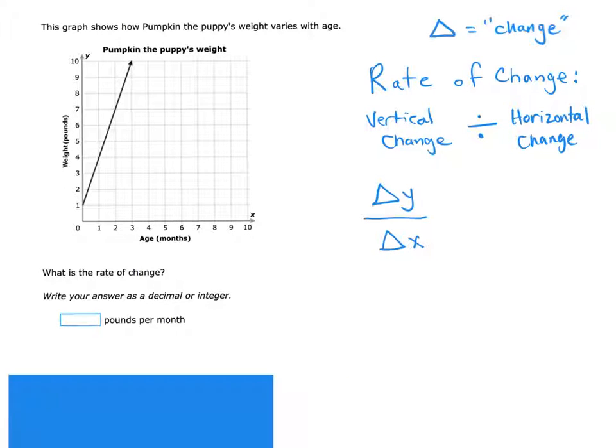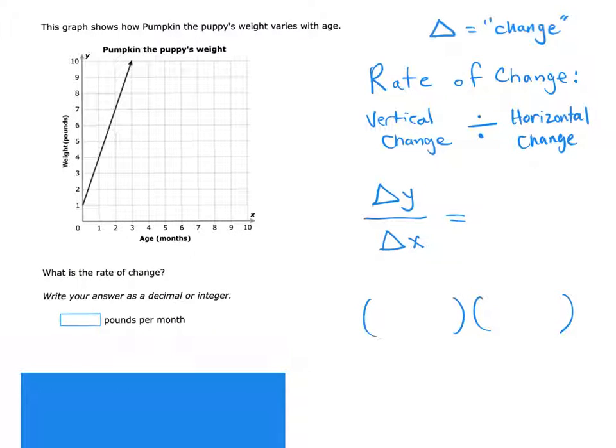So what we'll need to do for this problem is identify a couple of points on the line. We need 2 points on the line in order to do this, so I need 2 ordered pairs. I've got one here, and one here, and I see one here, and also one right there.